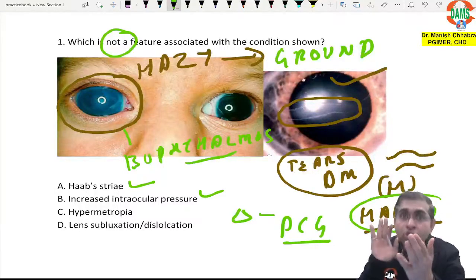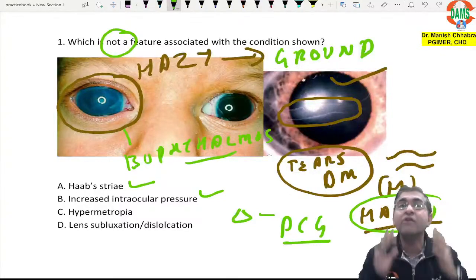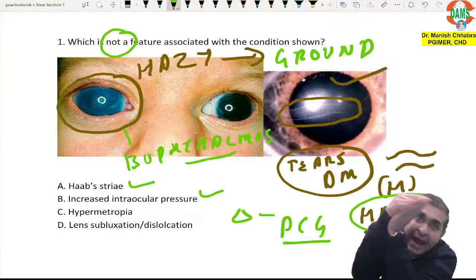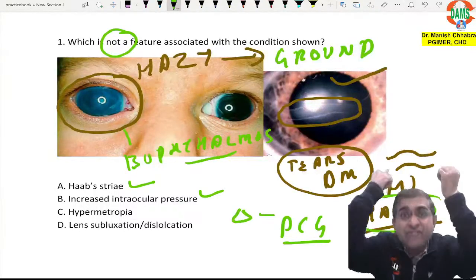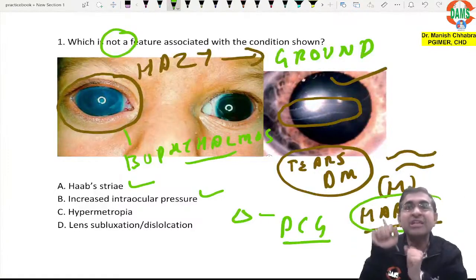That means due to pushing of the lens, there may be breaking of the zonules of the lens, as a result of which the lens may hang down or the lens may literally fall in the anterior chamber or in the posterior chamber.